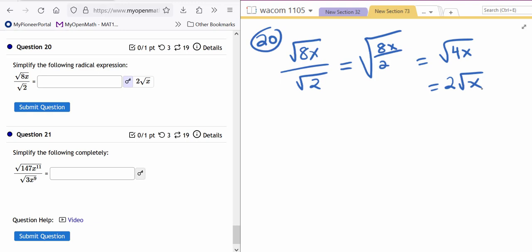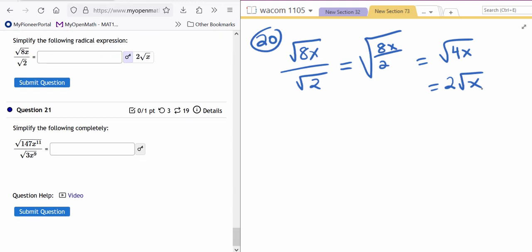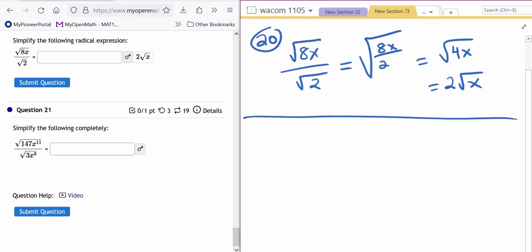The other one, you might test on your calculator, because we could not simplify square root of 3. So we think we'll have to put it back together. You would test on your calculator, does 3 go into 147? And it's weird numbers, but it actually does.